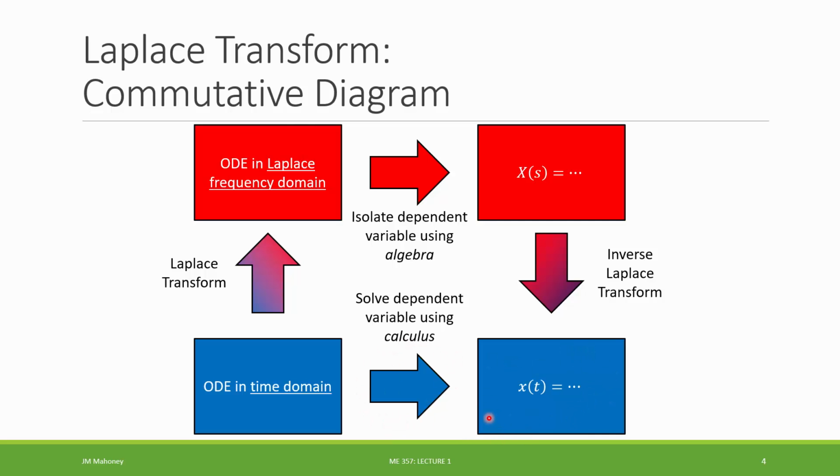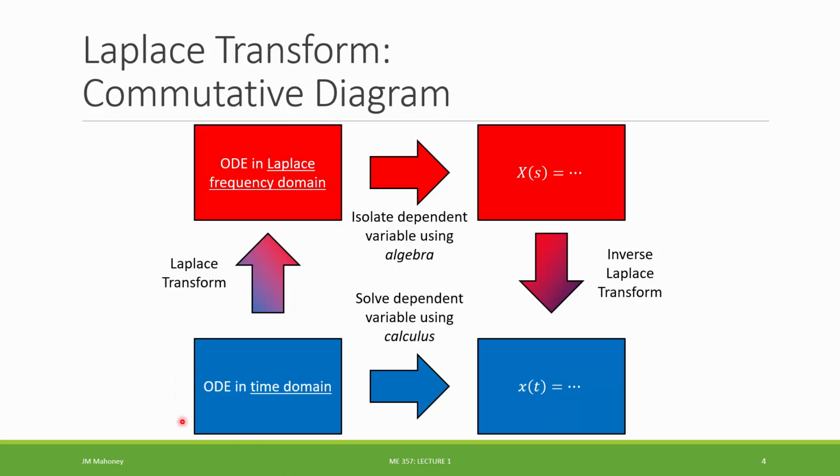All right, now, what does the Laplace transform let us do? We still want to go from the bottom left to the bottom right, our solution, and what the Laplace transform lets us do is kind of sneak around what can be this difficult step of solving for our variable using calculus. In some ways, what we're doing is we're turning it from a calculus problem into an algebra problem.